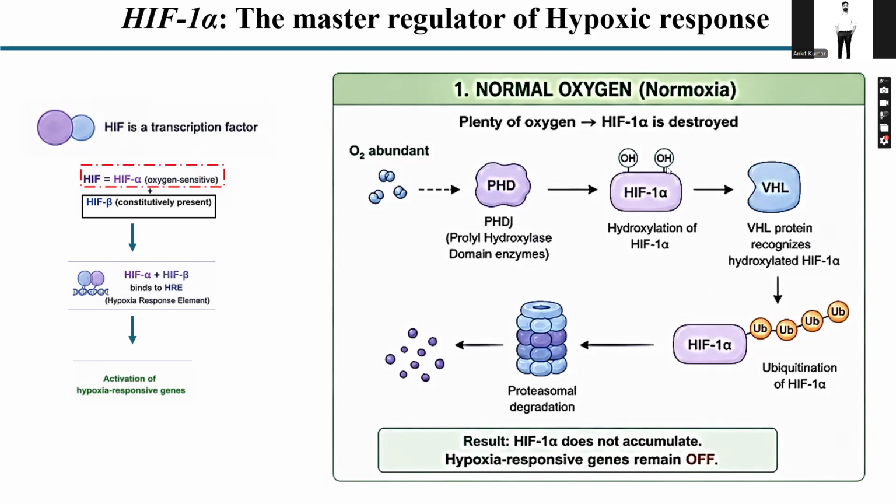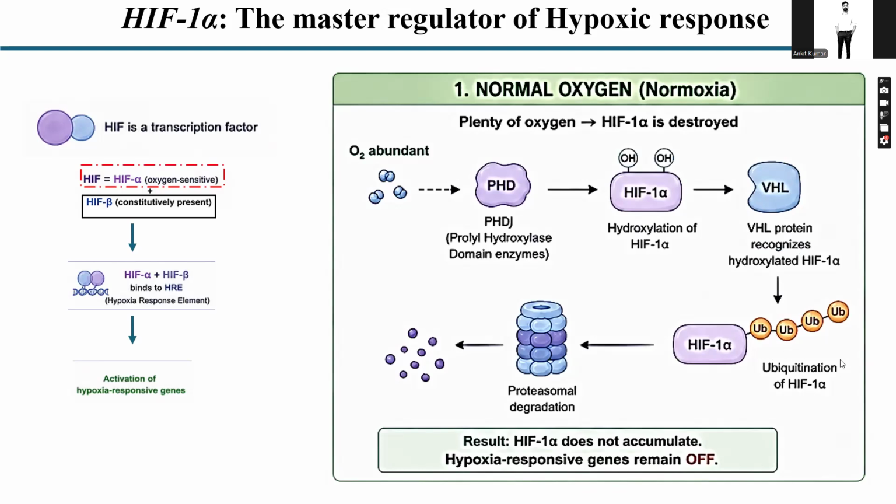Now, once HIF-1 alpha gets hydroxylated, VHL is another protein that recognizes hydroxylated HIF-1 alpha. VHL only recognizes the hydroxylated HIF-1 alpha. If it is not hydroxylated, then the VHL protein cannot recognize it. So once the VHL protein recognizes a hydroxylated HIF-1 alpha, what happens?